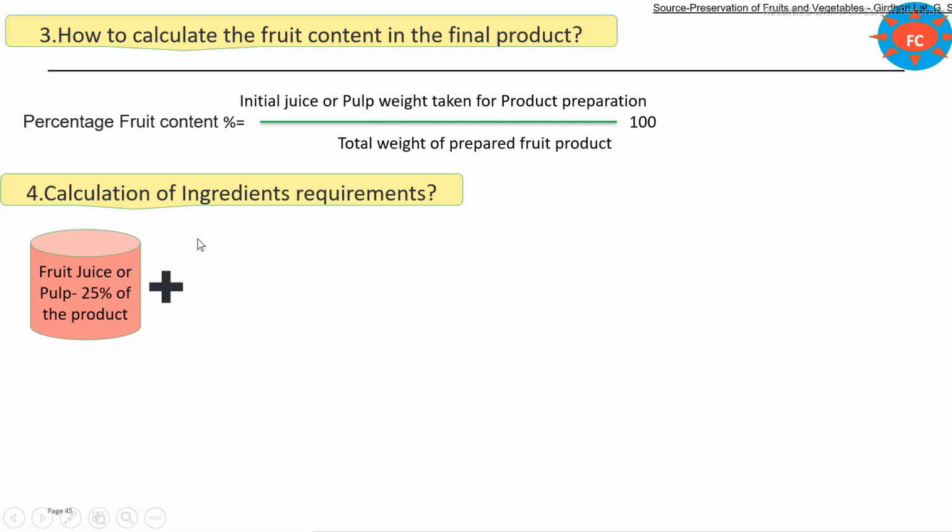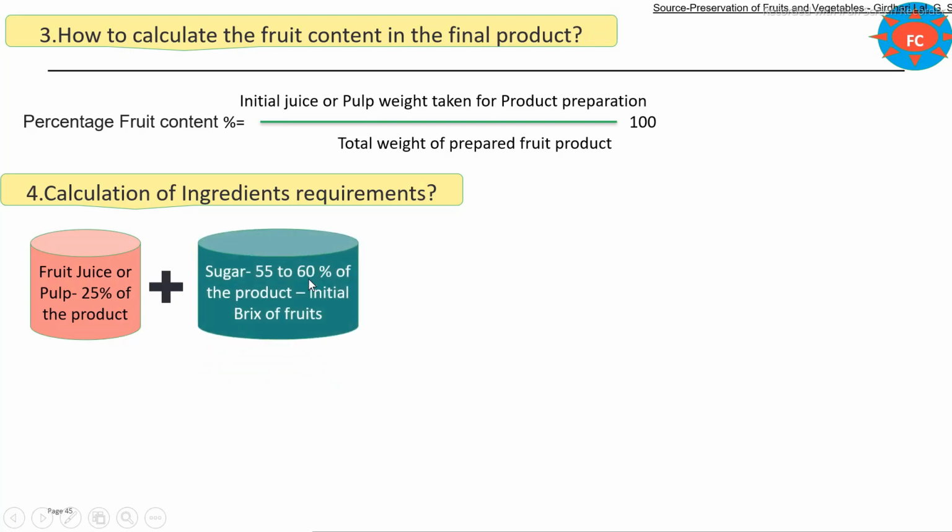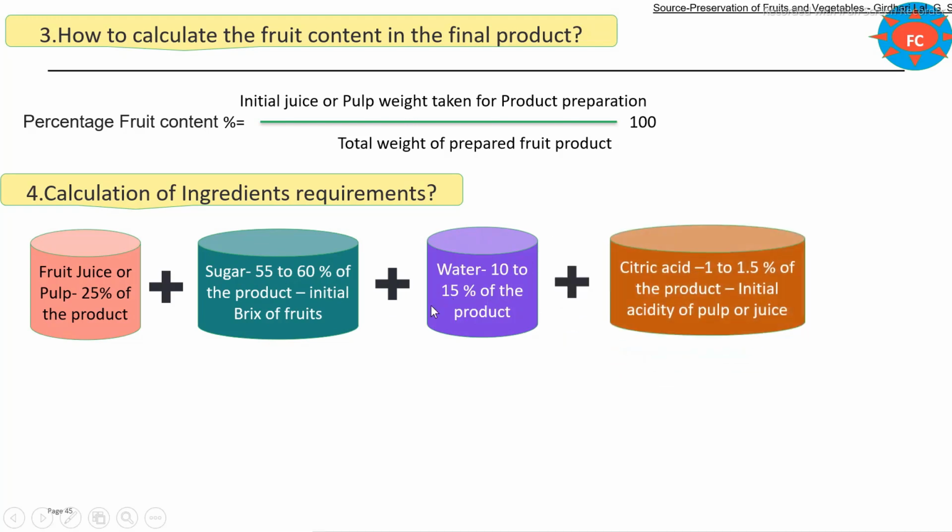The simple formula is that fruit juice or pulp, we can take as 25% of the final product. Then sugar is taken at least 55 to 60% of the final product weight. The next one is water addition, 10 to 15% of the final product. Then citric acid addition, 1 to 1.5% of the final product.